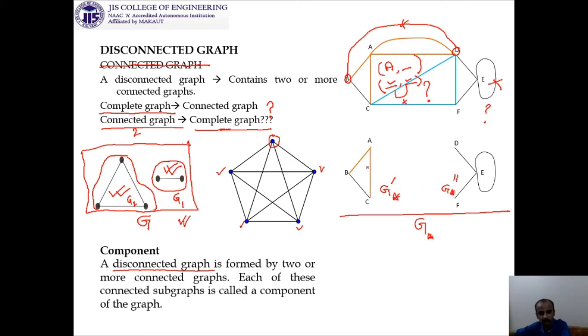Both are connected graphs, but as a whole they are a disconnected graph. So this connected part of this disconnected graph is a component. G star dash is a component of G star. Similarly, G star double dash is a component of G star.